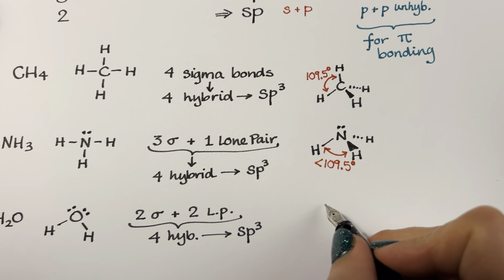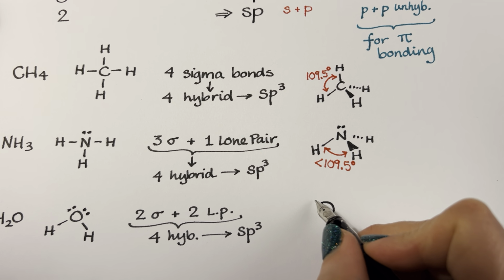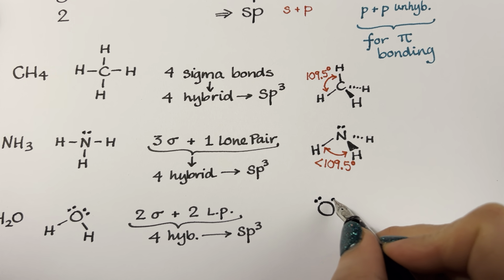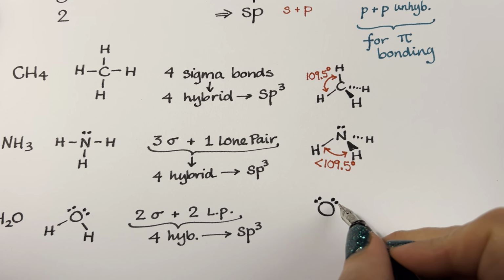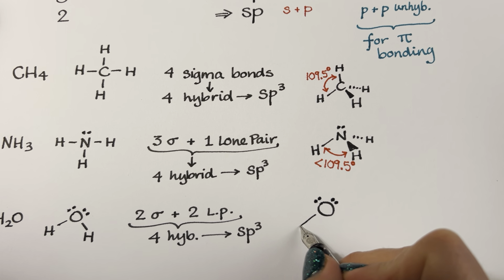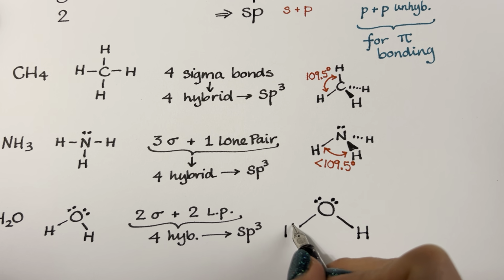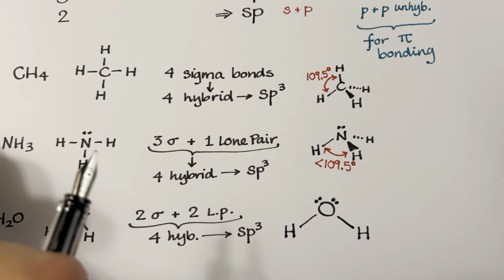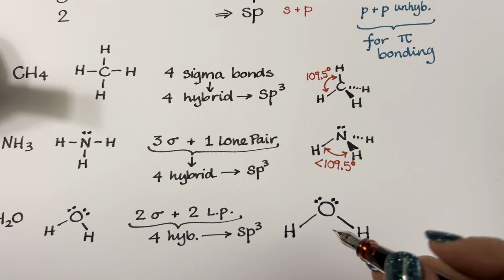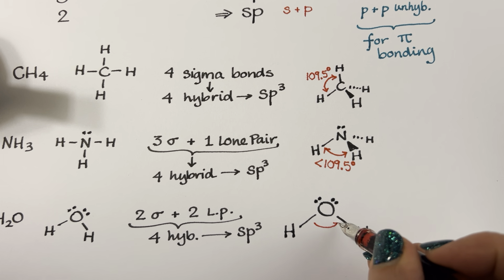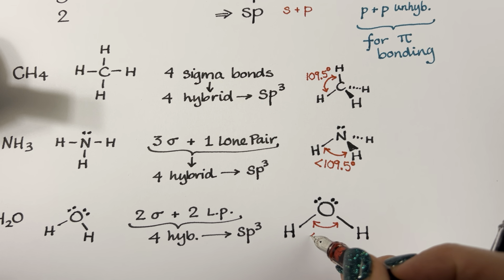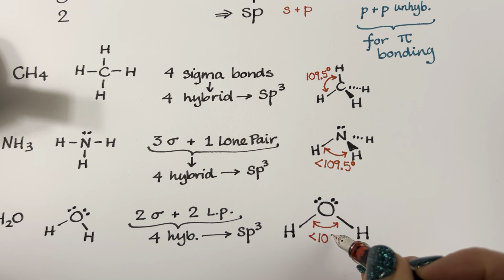All right, same thing happening with our water. We've got hybrid orbitals housing these lone pairs. 2 of them there, 2 of them there, and those are pushing down on these electrons in the bonds, pushing them away from each other, so they're even less than 109.5.